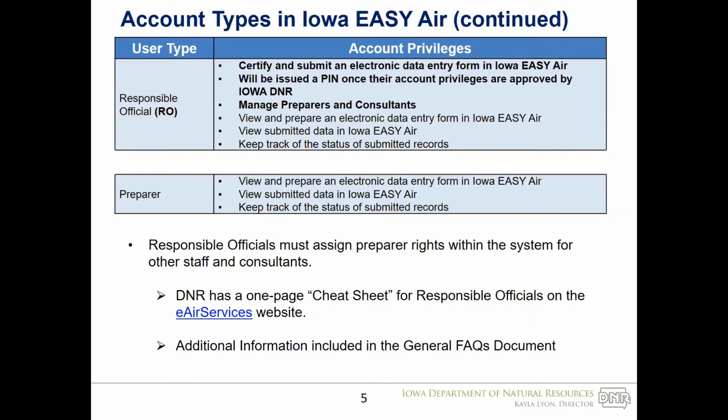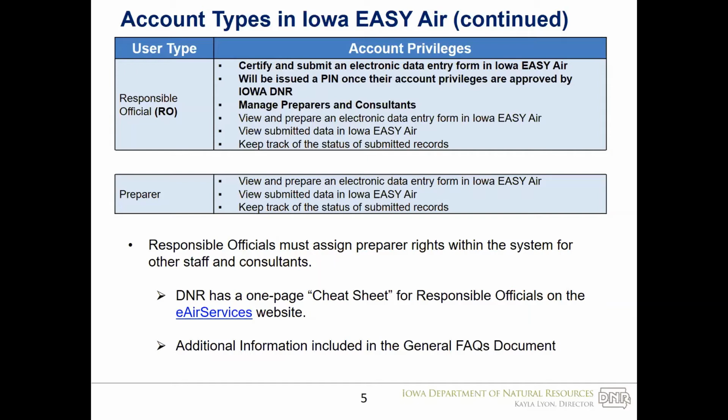Now, Easy Air has two user types, responsible official and preparer. And I know I harp on that a lot, but that's because in Slice, we have 3 roles instead of 2. There's the editor, the administrator, and submitter. The editor role is the same as the consultant and preparer role in Easy Air.